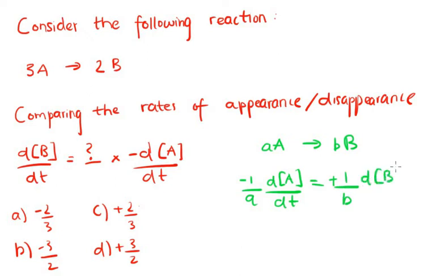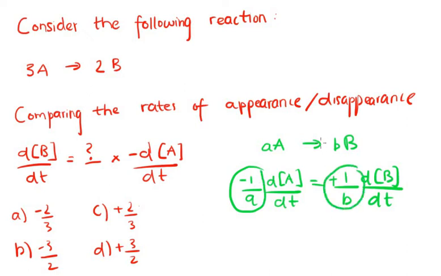So basically what I'm saying is these rates are the same, so the rate of production or appearance of B is proportional to the disappearance of A based on these coefficients.